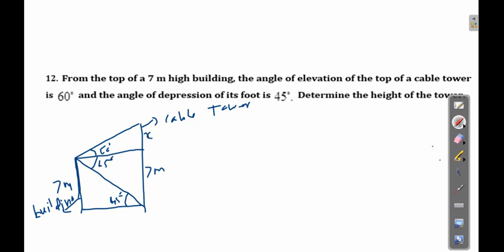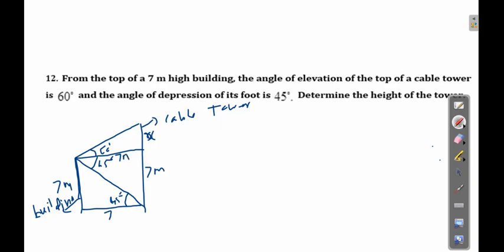Always work with the diagram. No need to give the names. You can solve the problems without giving the names of the vertices. Don't get confused. The main aim should not be forgotten, right? So this is 7 meter. Now the angles are the same, 45 degree isosceles triangle, so this is also 7 meter.